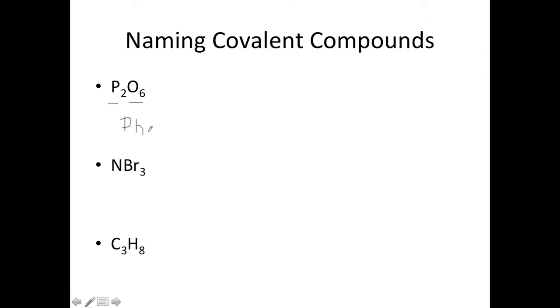I'm probably just going to abbreviate this because otherwise it'll take too long. And I know I have O, oxygen, and I'll write oxygen. So I know my two elements. They're easy to name. I can just get that right off the periodic table.